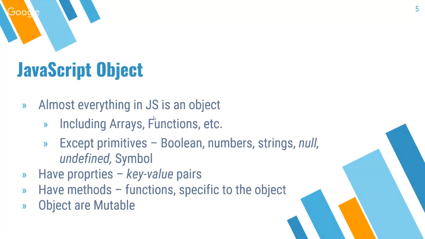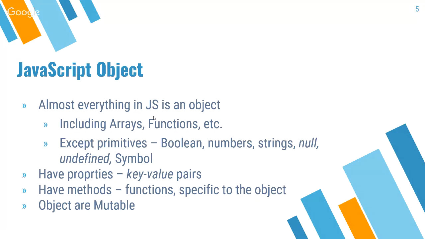There are 6 of them, as you can see: the boolean, which is the true or false values, the numbers, the strings, the null keyword, the undefined keyword, and the symbol. A primitive is a data type which, as you can see, has only properties and no methods.